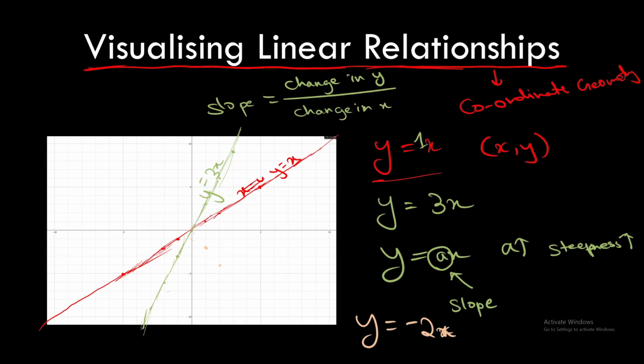Similarly, if we go negative, x is minus 1, then minus 1 times minus 2 is equal to 2, since minus times minus is plus, so we plot this here. And similarly it continues, and we can see another line is formed.